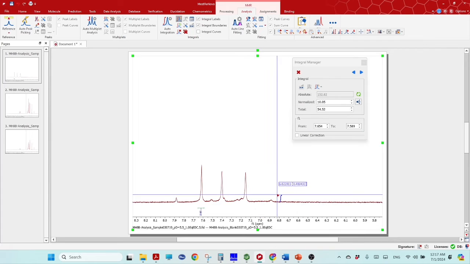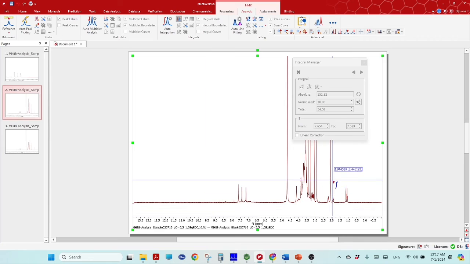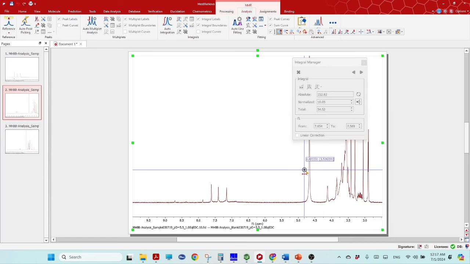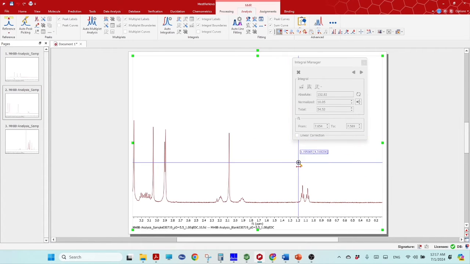This is within the 5 to 10 second reaction I'm discussing. Now let's see how the reaction condition looks 1 or 2 minutes later. Zoom in again and see that the internal standard peak is at 2.08.